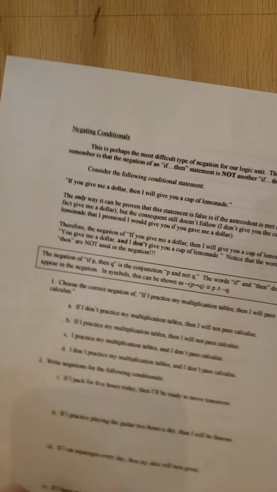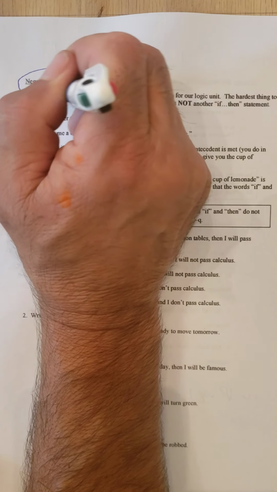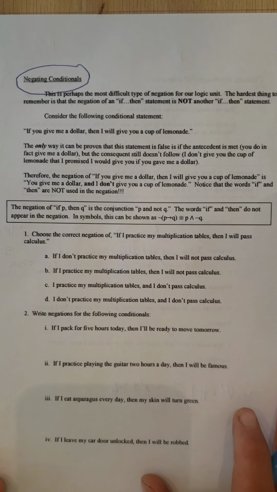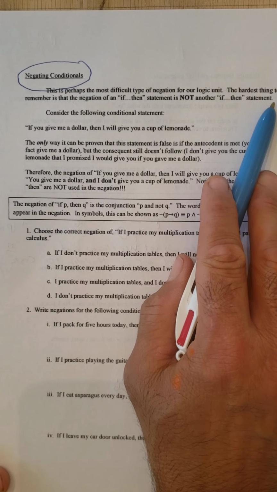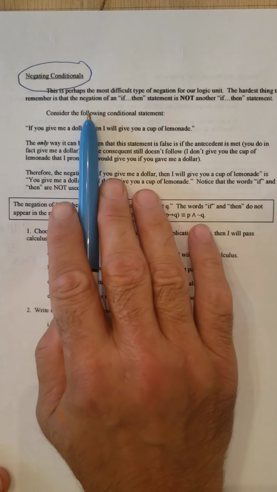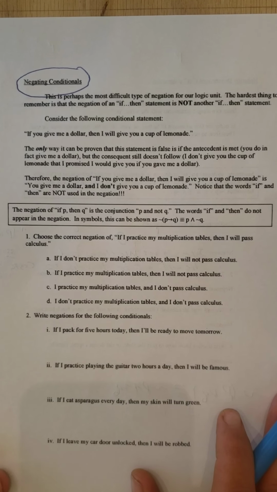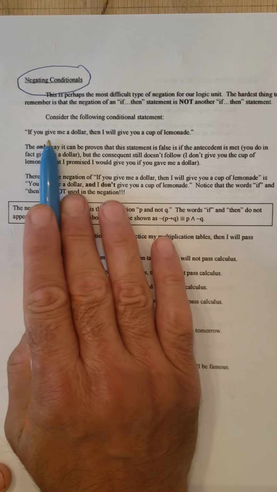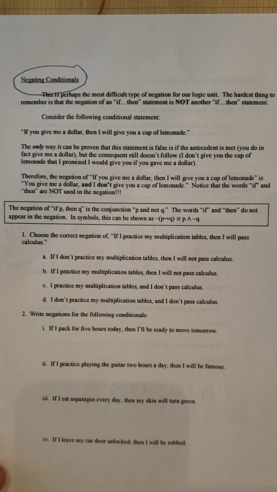All right. Then the last one is negating a conditional. Okay? And it says here, this is perhaps the most difficult of negation. Okay? The hardest thing to remember is that the negation of an if-then is not another if-then. Okay? So, if I take this statement, if you give me $1, then I will give you a cup of lemonade. Okay?